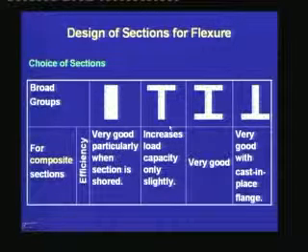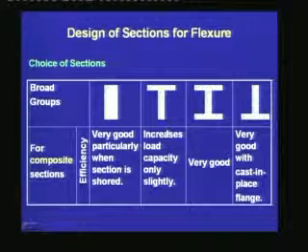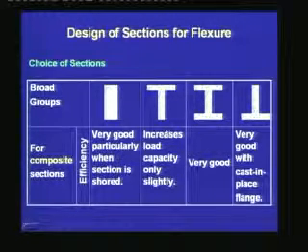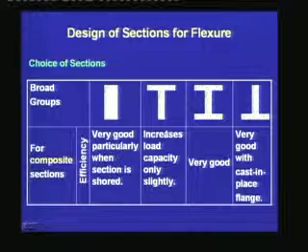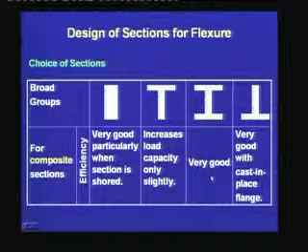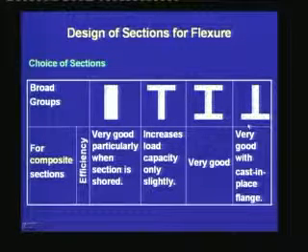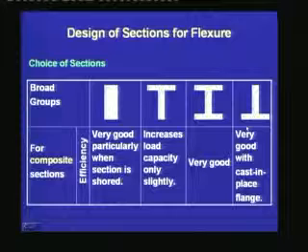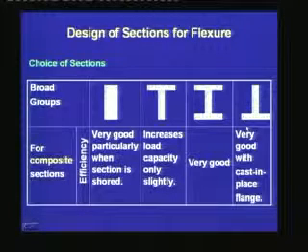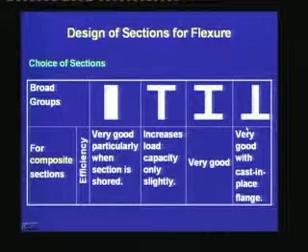For the T section, the increase in load capacity is only slight if you are having a topping slab of small depth. For I section, the increase in flexural capacity can be very good. For an inverted T section, when we have this topping slab, then its flexural capacity increases substantially.